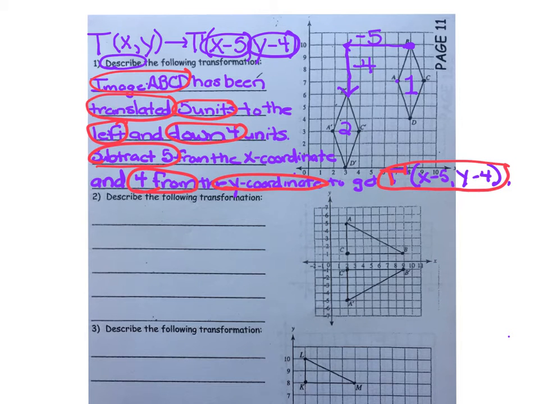Let's move on to number 2. In number 2, we are asked to describe the following transformation. Let's take a look at what we've been given. First of all, we can tell that the image in quadrant 1 is the original image.